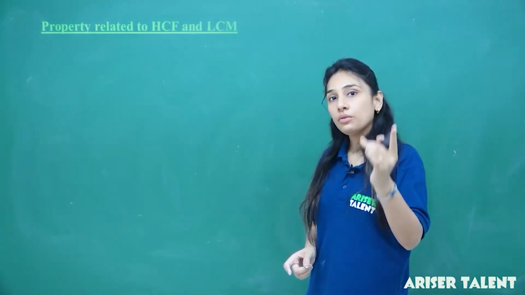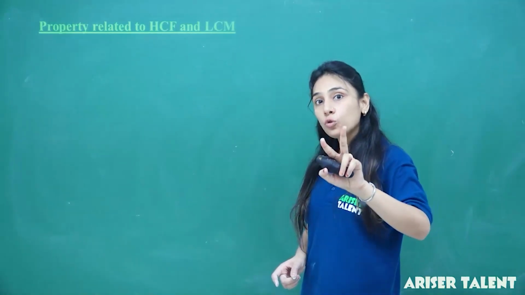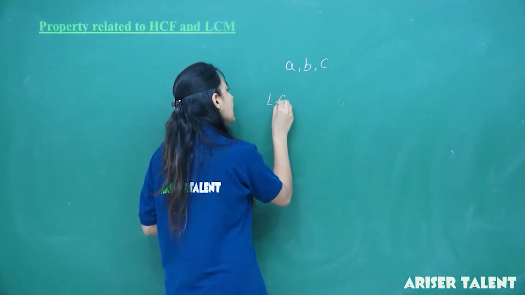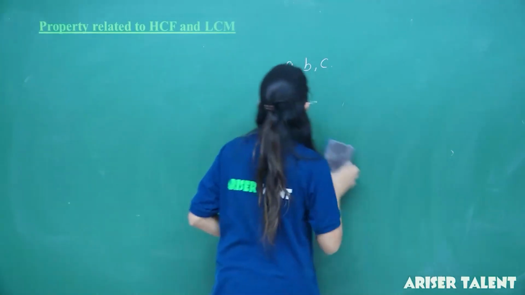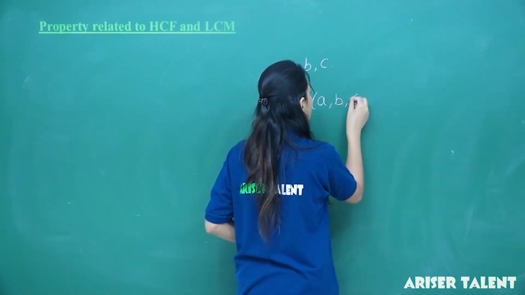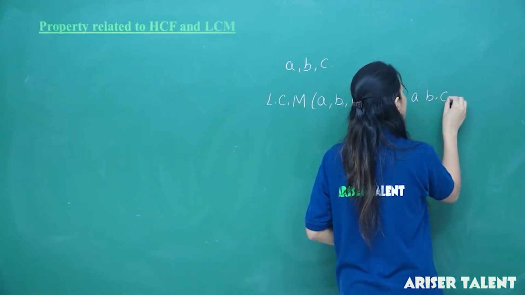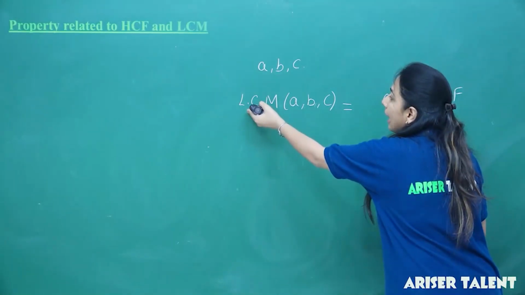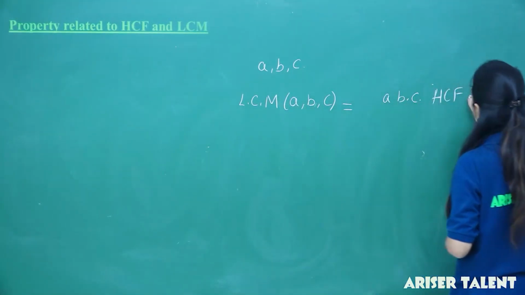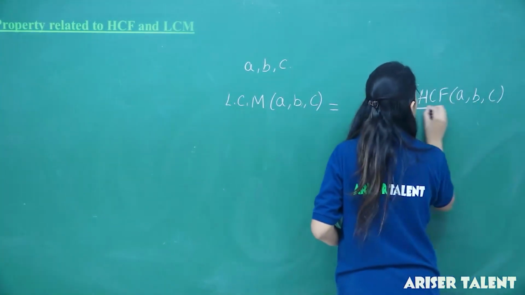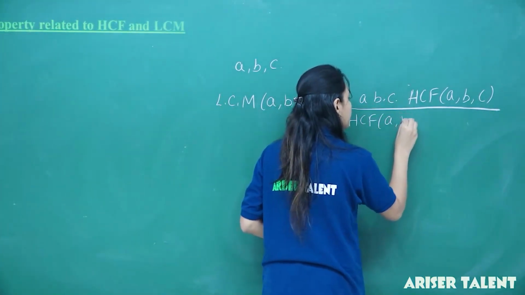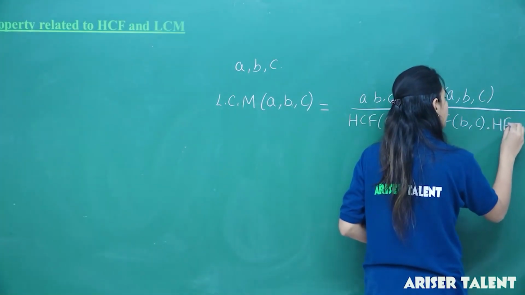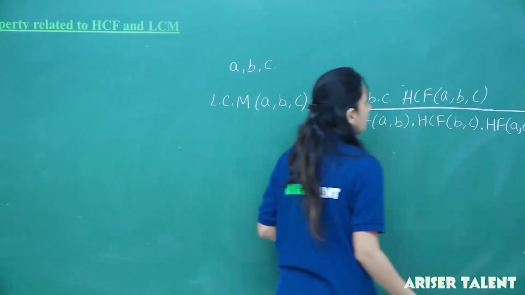We have read one property before, that was of 2 numbers A, B. Let's have 3 numbers A, B, C. Then LCM of A, B, C will be equal to A multiplied by B multiplied by C multiplied by HCF of A, B, C divided by HCF of AB multiplied by HCF of BC multiplied by HCF of AC, right?